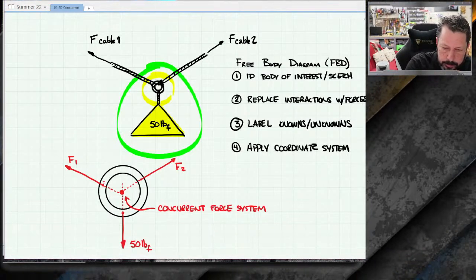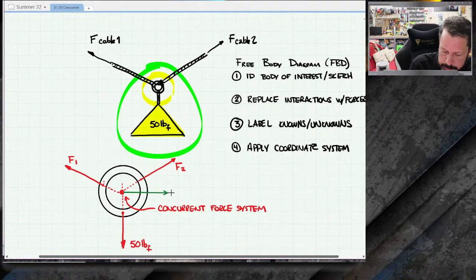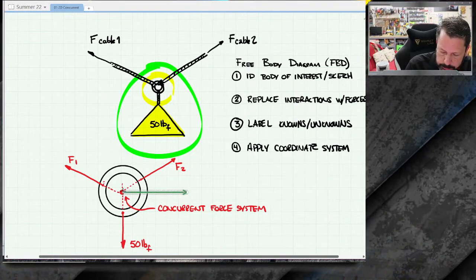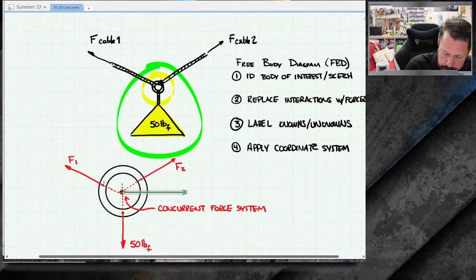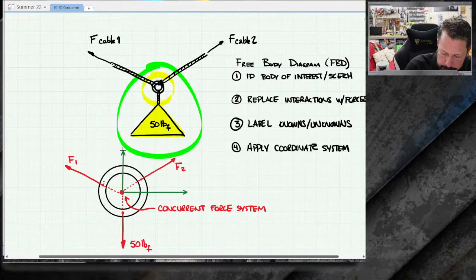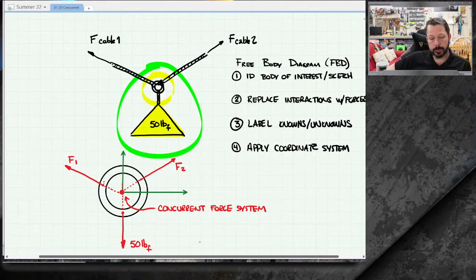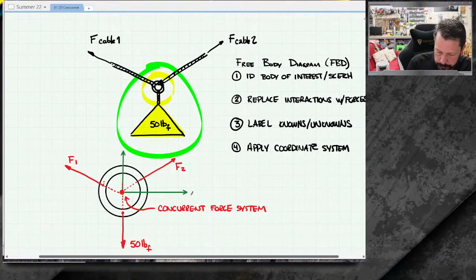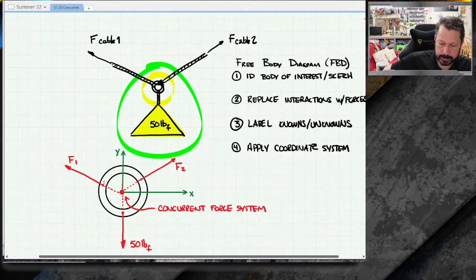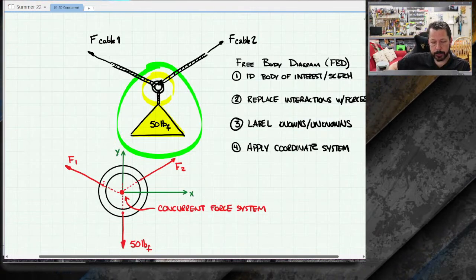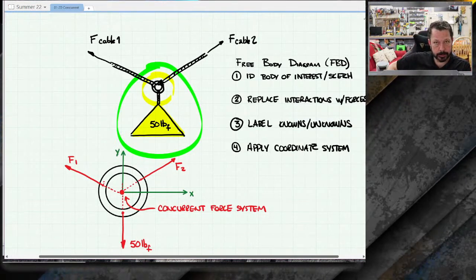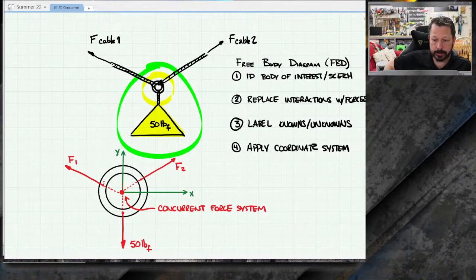So let's put our little coordinate system here. When you have a concurrent force system, it's usually best to put the origin of your x and y axes at the intersection point where all of the lines of action intersect.